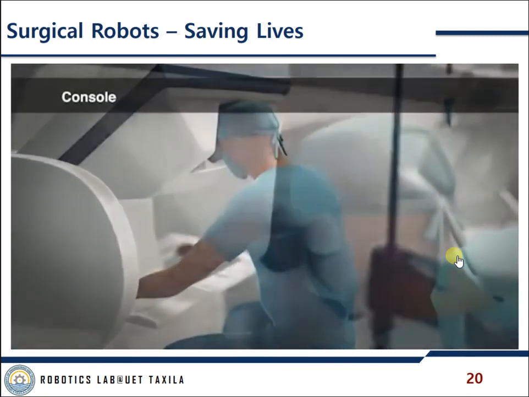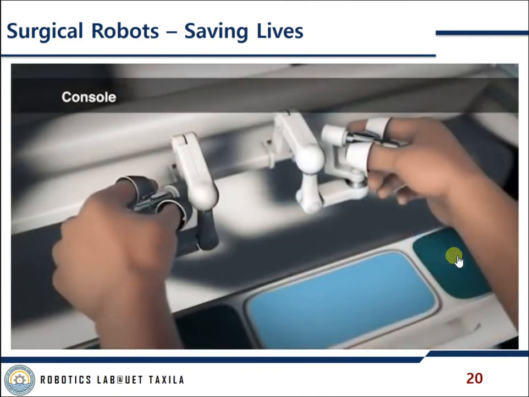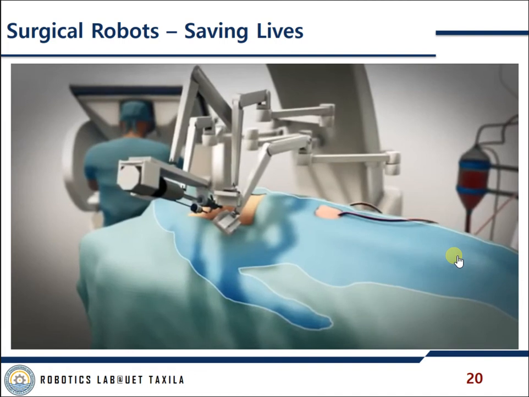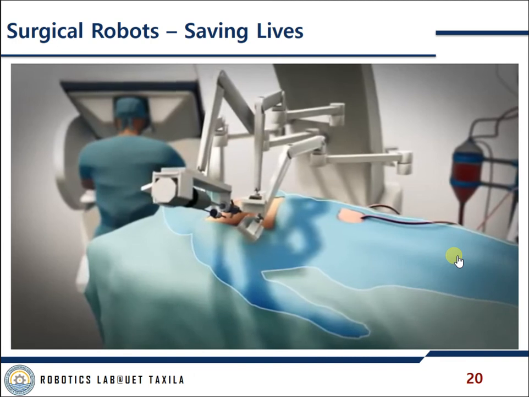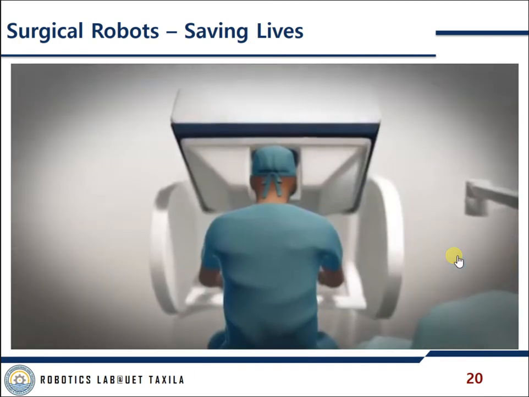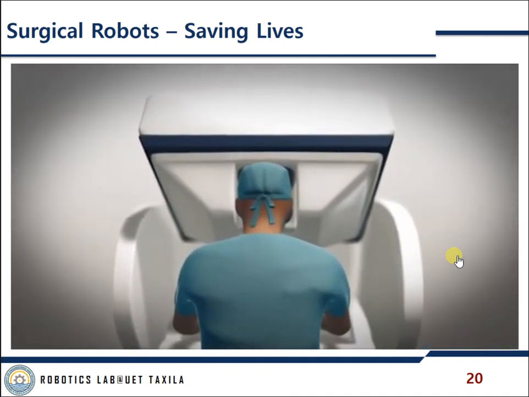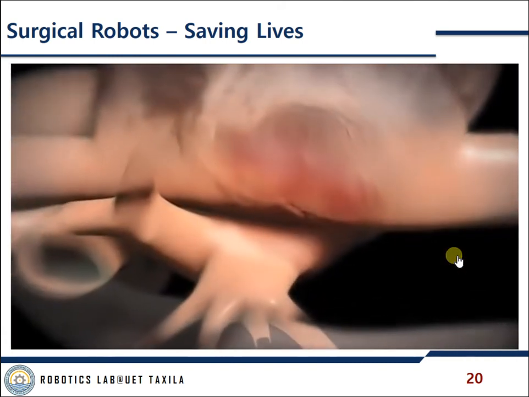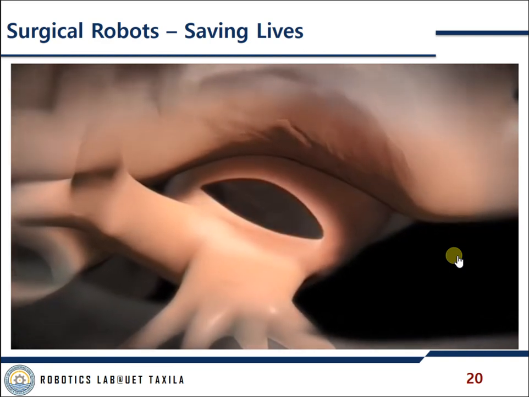Seated at the robotic console, your surgeon will operate the robotic arms and the camera with hand controls and foot pedals. This computerized system will translate the exact movements of your surgeon's hands into precise movements of the robotic instruments. Your cardiac surgeon will have a magnified 3-dimensional view inside your body through a high-definition binocular display. Your surgeon will then make an incision in your left atrium to get to the mitral valve.